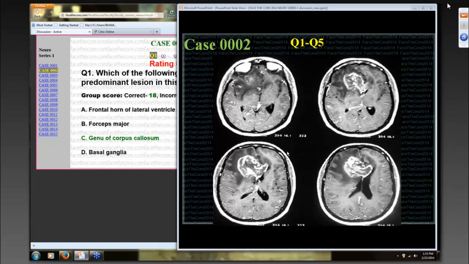And this genu is also otherwise called the forceps minor, as opposed to the forceps major, which is more posterior, or the splenial portion of it. And the frontal lobes are actually on either side of this genu of the corpus callosum itself.